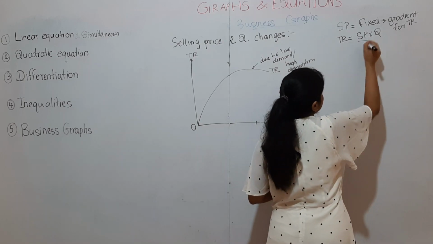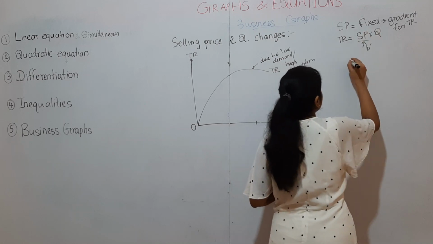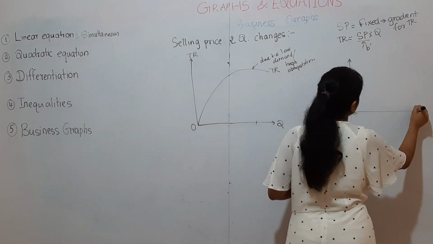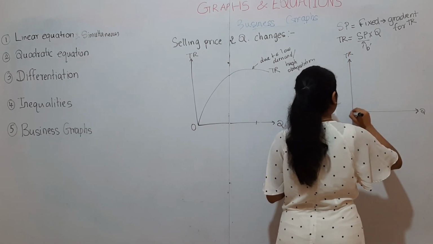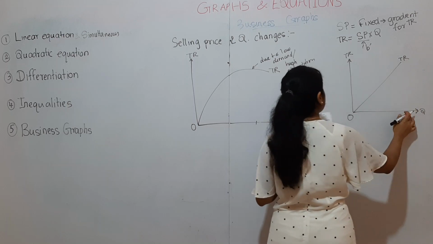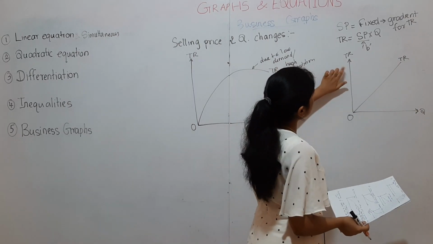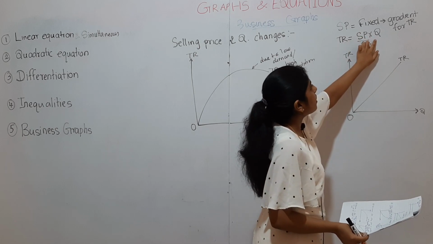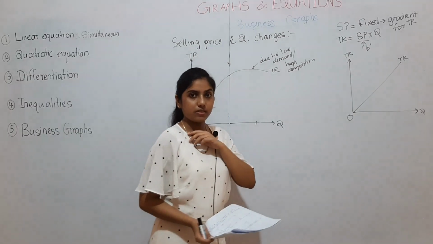So selling price is our gradient. If the gradient is fixed, you know it will be a straight line. So it will be like this, because as the quantity increases, the total revenue will increase, because a higher quantity gets multiplied to the selling price.